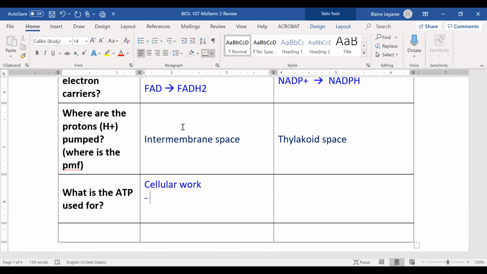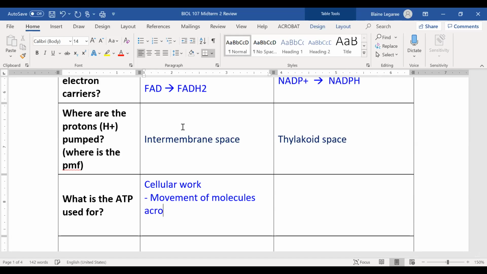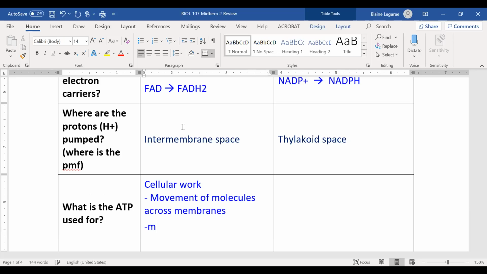So cellular work, what were we talking about? Movement of things, right? Movement of molecules across membranes. Movement of muscles, if you're an animal. What other cellular work did we talk about?